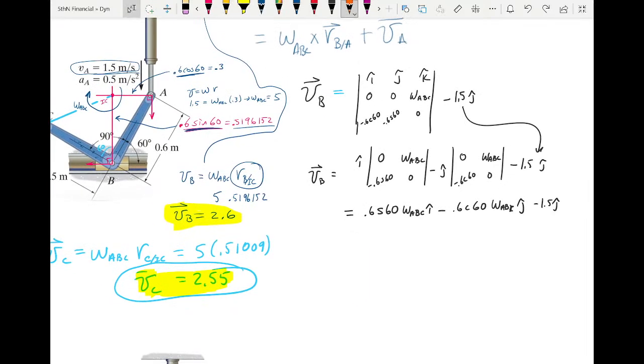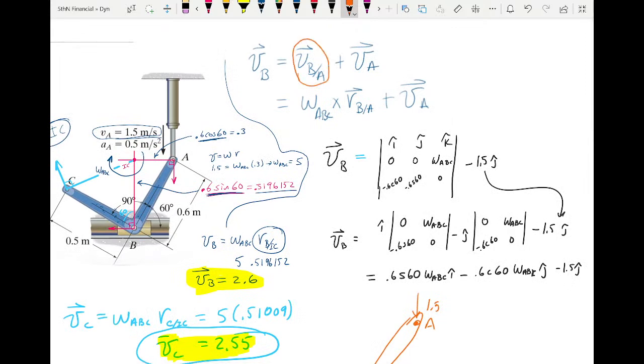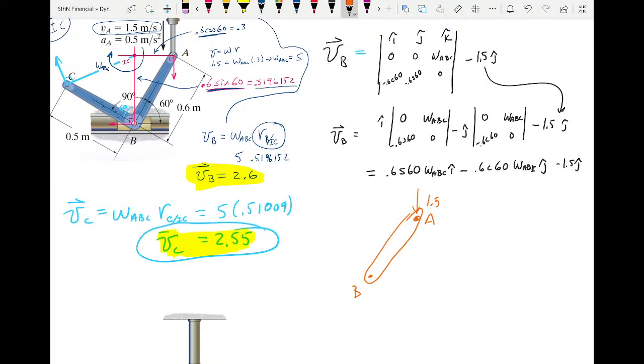Does it check out from the physical standpoint? Here's what I mean. If you draw this as point A, I know point A is going down at 1.5. You draw this as point B, but this term is the velocity of point B relative to A, assuming that you have a positive coordinate system like that, and that this is the direction.